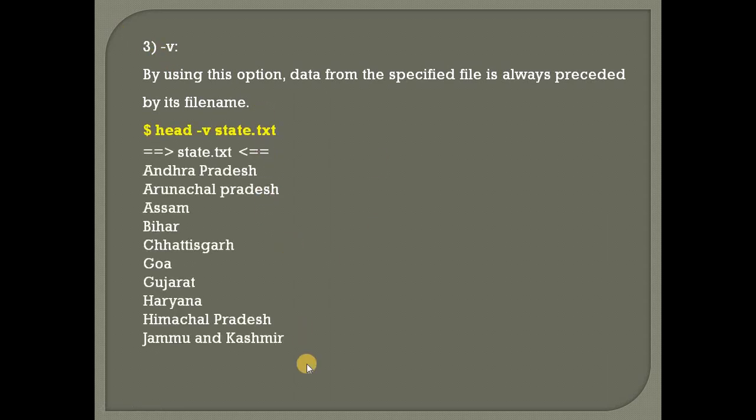So here you can see in this example, I have used the -v option with state.txt. I know that the file name is state.txt, but in the output we can see the file name and the first 10 records of that particular file.